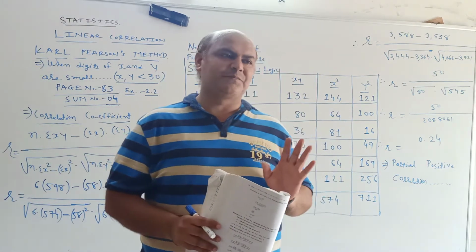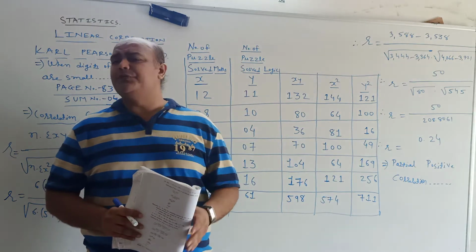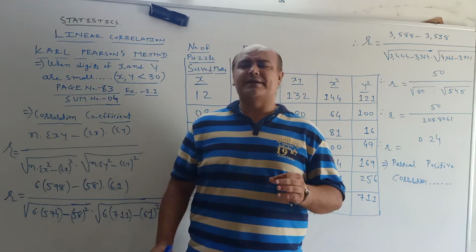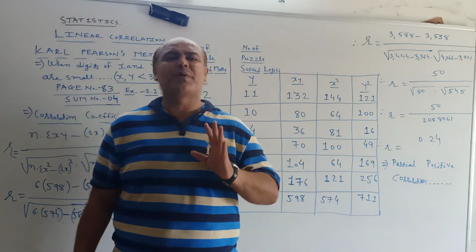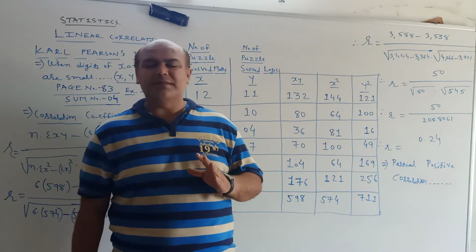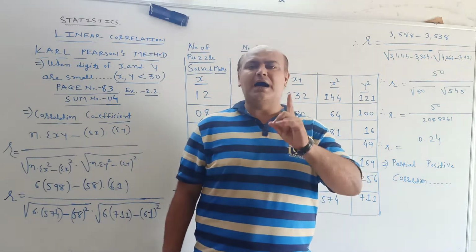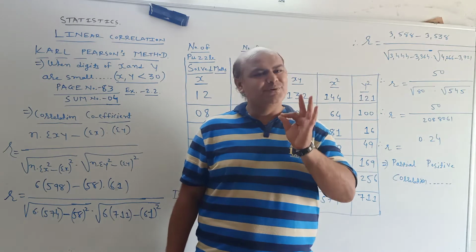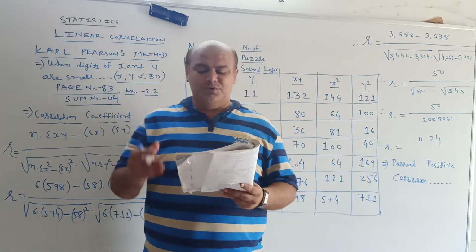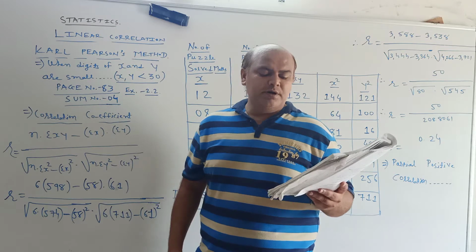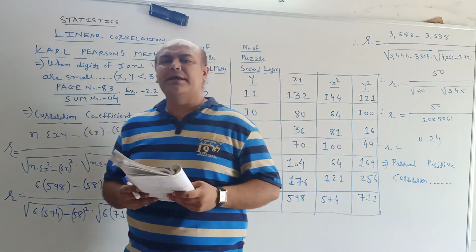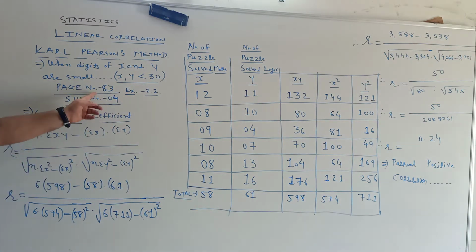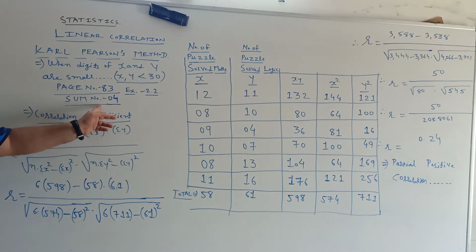In today's video lecture, students, we do another practice sum of the xy method, when digits are small, meaning less than 30. So please open your textbook page number 83 and sum number 4.